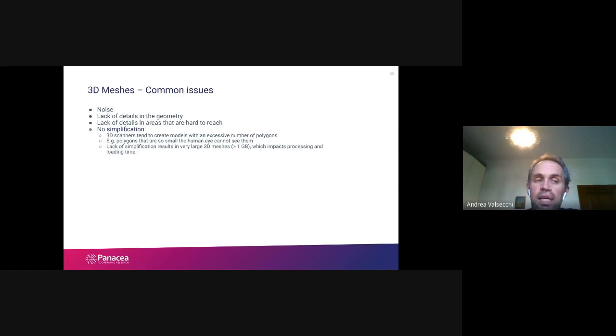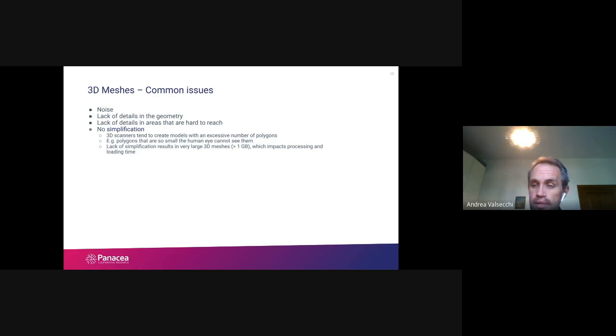Then there is simplification. Usually 3D scanners provide you with models that are very big in terms of storing size, like megabytes and gigabytes. That's a problem, because it usually gives you a model that has so much detail that these small details are actually random.